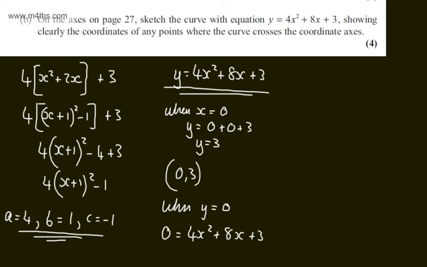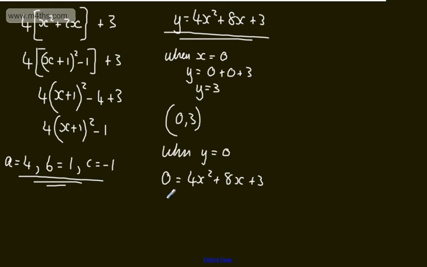So what we need to do at this stage is simply go ahead and factor this quadratic equation. The quadratic's going to factor. We're going to have now the factors: 0 will be equal to (2x plus 3) multiplied now by (2x plus 1). So let's go ahead and check these. We're going to have 4x squared plus 2x plus 6x plus 3.